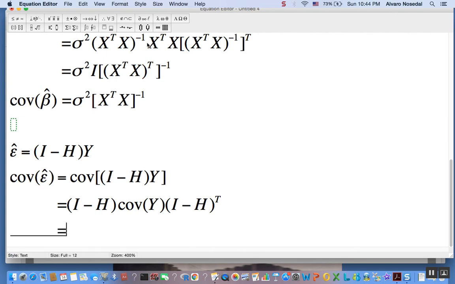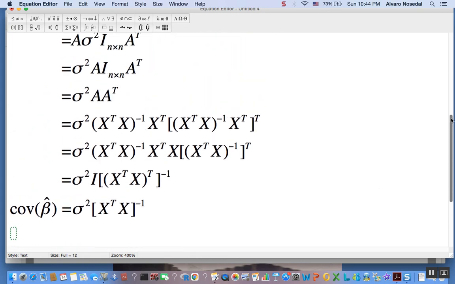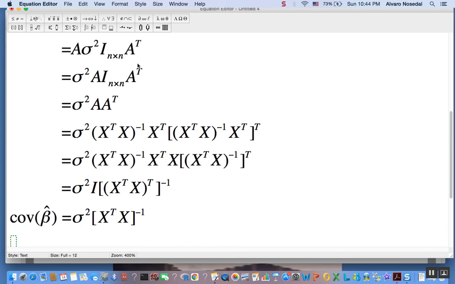Just like before, the covariance of Y equals sigma square times the identity.